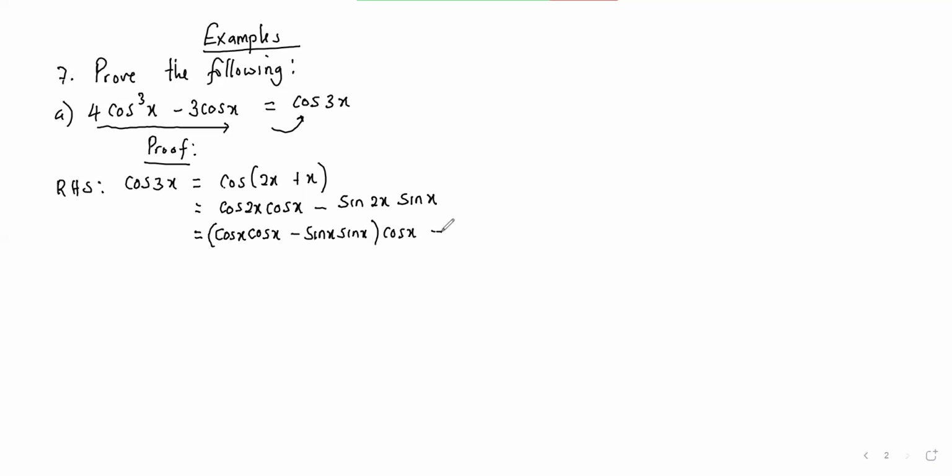What is sine 2x? We didn't derive that one, right? Sine 2x is sine x cos x plus sine x cos x. Meaning we get 2 sine x cos x, multiplied by cos x, like that. And then we come back.